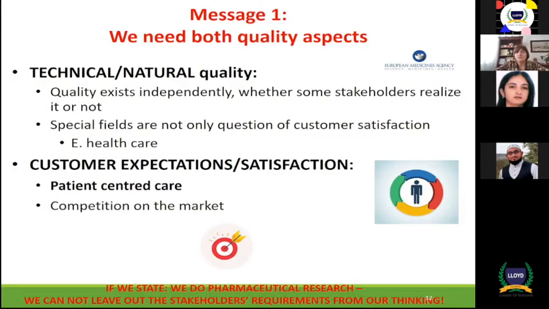Or if it is nanopharmaceuticals or liposome preparation, any kind of complex or biological drugs, if in the early stage of thinking they don't ask what will happen if the regulatory authority won't let this composition onto the market, then I cannot say that I'm doing pharma research, because I don't take it into consideration, and in my thinking I have no idea about the KPIs which are set by the regulatory authority.